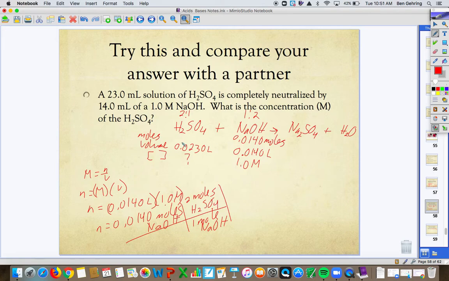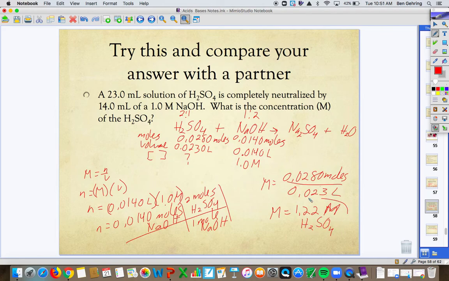So if I double this, I'm going to get 0.0280 moles, and then I'm going to divide that by my volume, which was 0.023 liters, and I get a final answer, 0.0280 moles of 1.22 molar sulfuric acid solution.